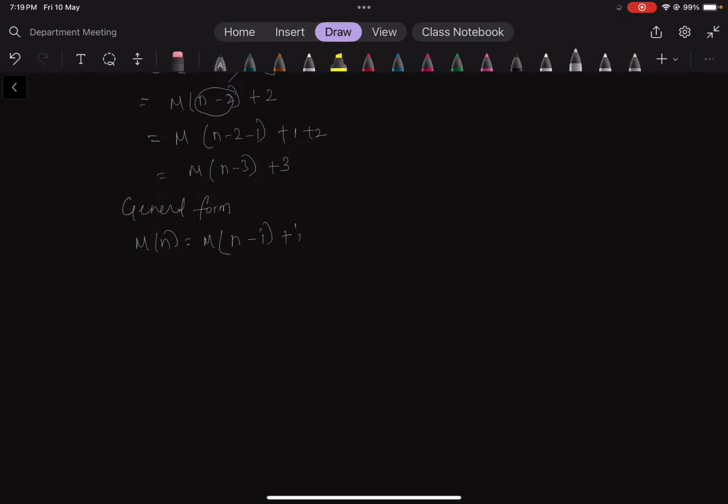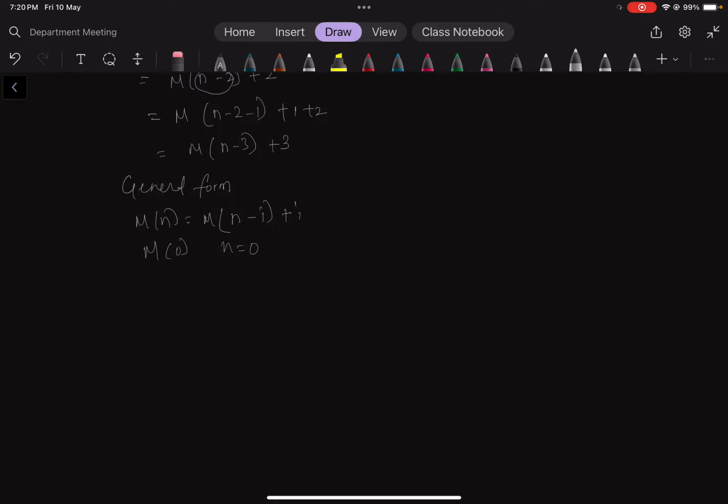Now, what is the initial condition? M of 0 is equal to 0 when n is equal to 0. So we have to make sure which value of i makes m of 0.